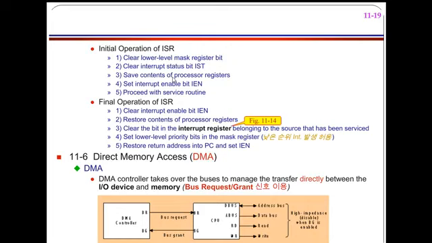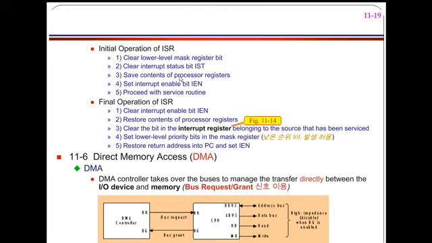Once the service is done, the interrupt enable is cleared, and the contents of the processor registers are restored. Next, clear the bits in the interrupt register belonging to the source that has been serviced. Next, set the lower priority bits in the mask register and return to the PC. This is related to priority in priority interrupts.